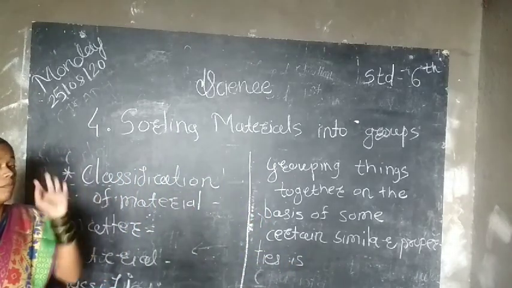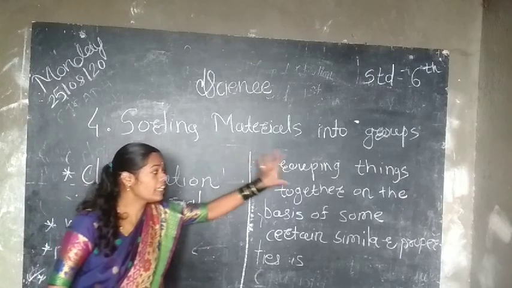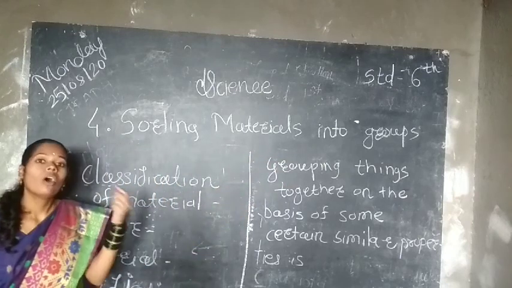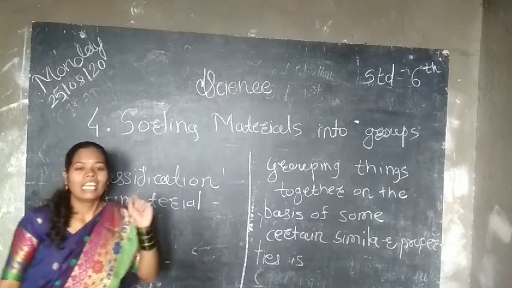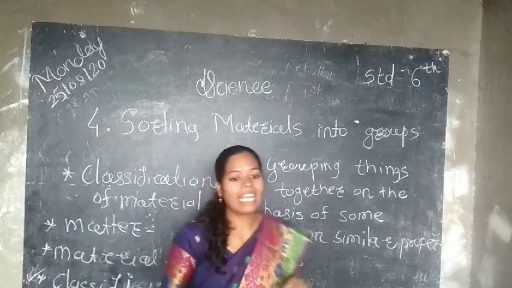See, for one mark the definition is very important. Grouping things together on the basis of some certain similar properties is called classification.